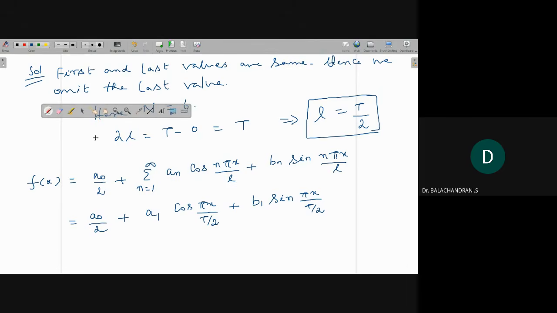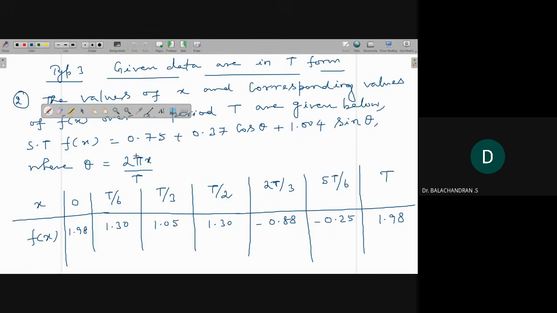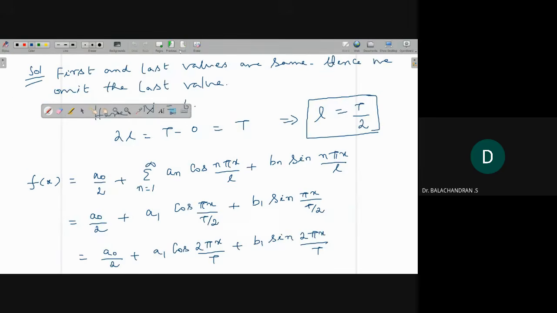You can simplify further: a naught by 2 plus a1 into cos 2 pi x by t plus b1 into sin 2 pi x by t. If it is given in the question, 2 pi x by t is theta, so this is theta, and this is also theta.